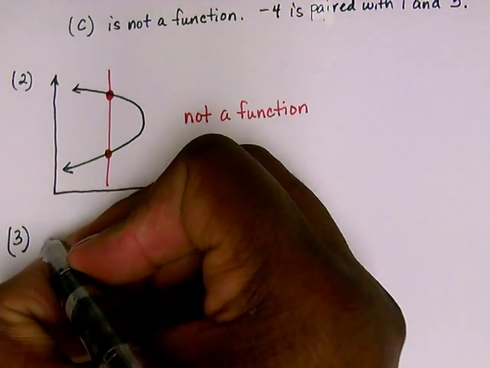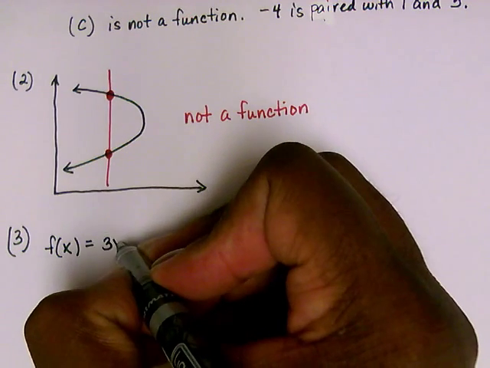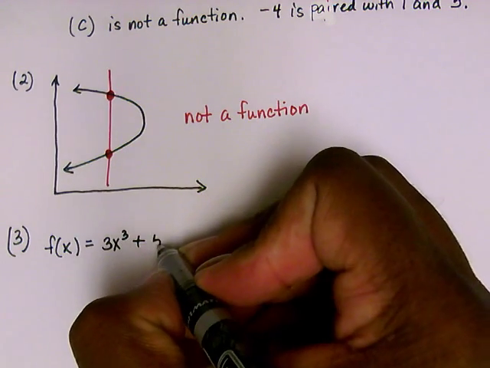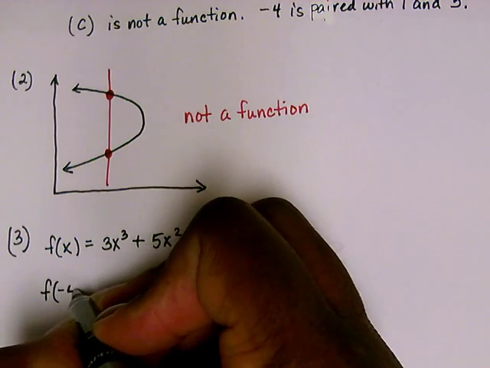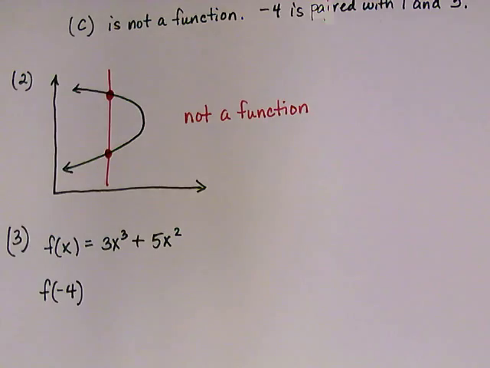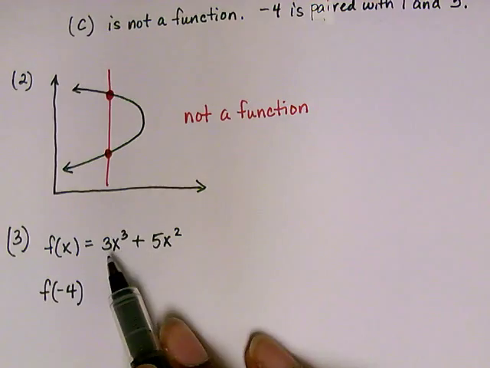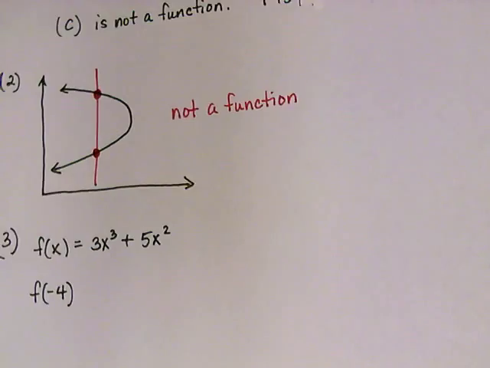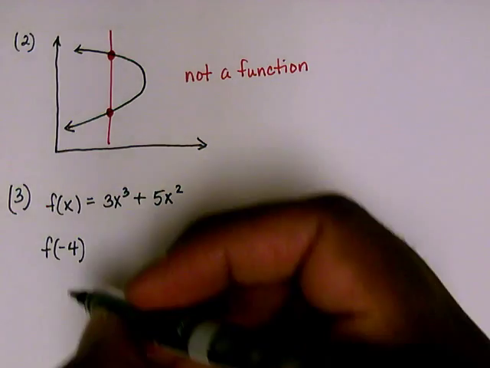So here our f of x function is 3x cubed plus 5x squared, and I want to find out what f of negative 4 is going to be. Well, we just simply replace each x in the original function with negative 4, because we're finding the value of that function at x equal negative 4.